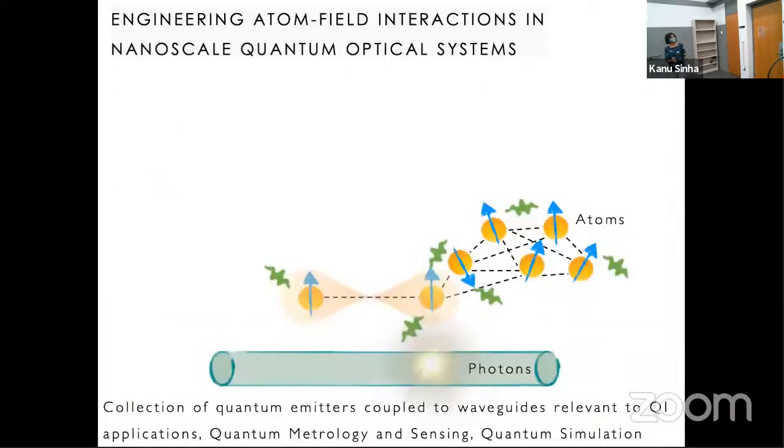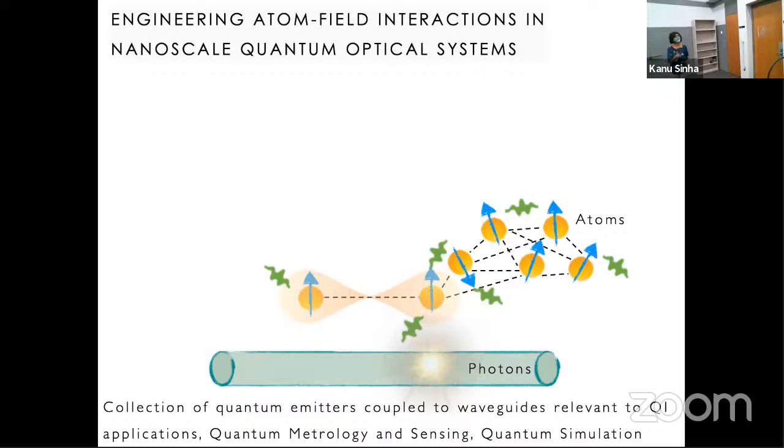Okay, and to describe several of these applications, one can consider a somewhat generic schematic like this, where we have a collection of quantum emitters or atoms that are coupled to each other through waveguides or nanophotonic structures that allow photons to travel from one emitter to the other.